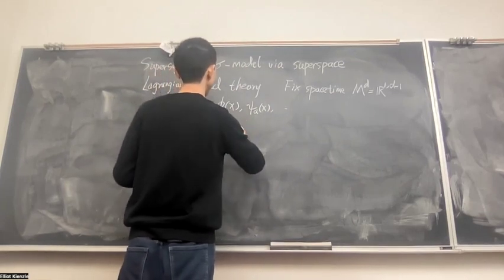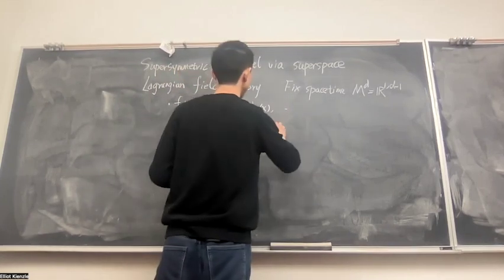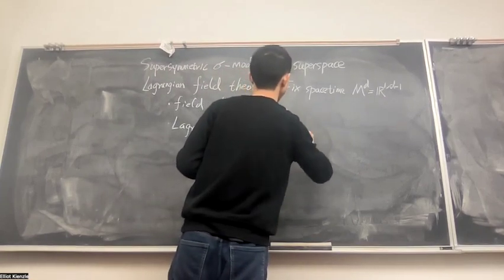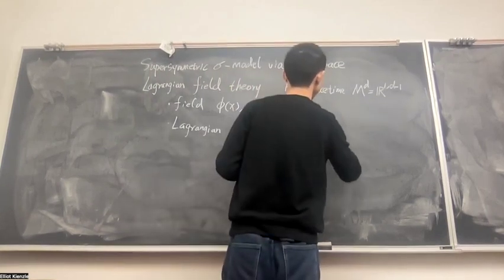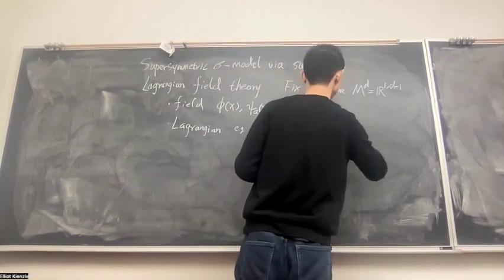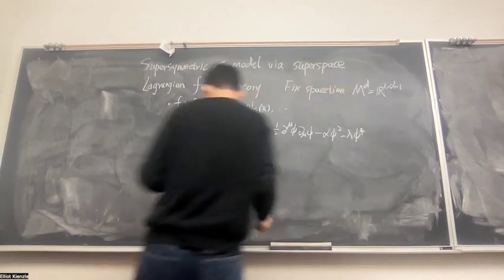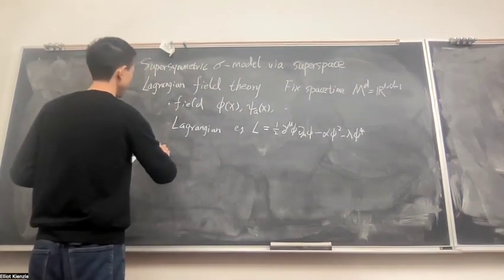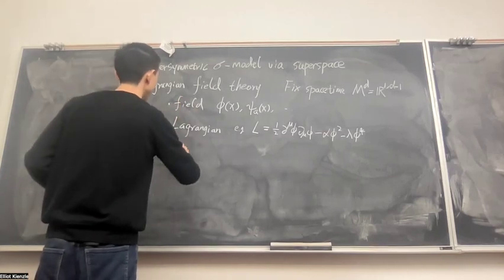So, for example, you can take L to be the partial derivative of phi squared, minus some phi squared term, minus some phi to the fourth term. So there's classical field theory and quantum field theory.